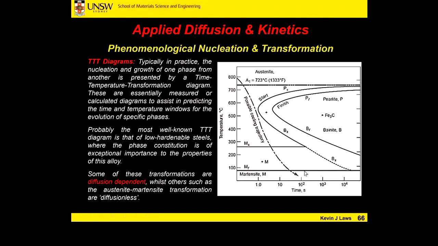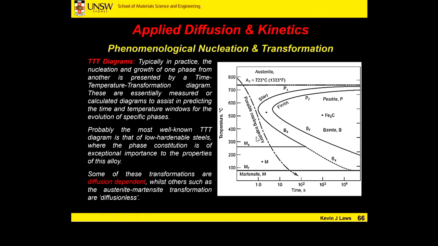However, if we sit at room temperature for a number of days, years, or whatever, we actually start to cross over these other boundaries where we get the equilibrium phases, such as our perlite and ferrite. If we cooled much, much more slowly from over 800 degrees or from the melting point, which would be way up here, we essentially would just pass through these equilibrium phases, perlite, cementite.